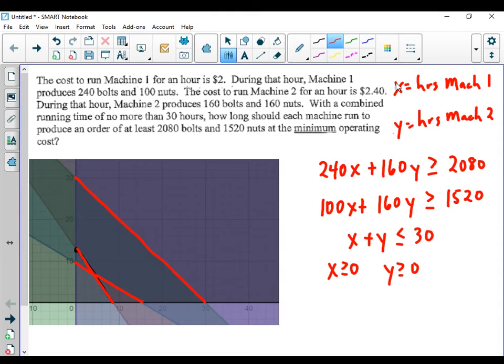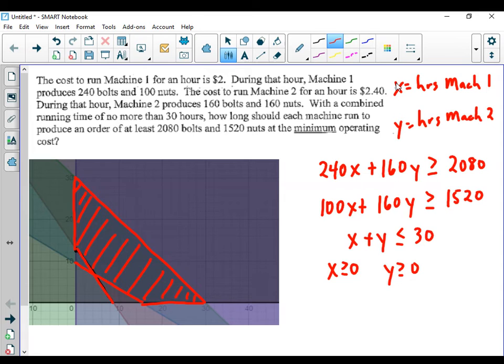This one we're shading below. And then we had the fact that x had to be greater than or equal to 0, which means I'm limited by the y-axis, and I was going to shade to the right of that. We have that y had to be greater than or equal to 0, so I'm going to be shading above that. So ultimately, I end up with this shaded region. So that's our feasible region.